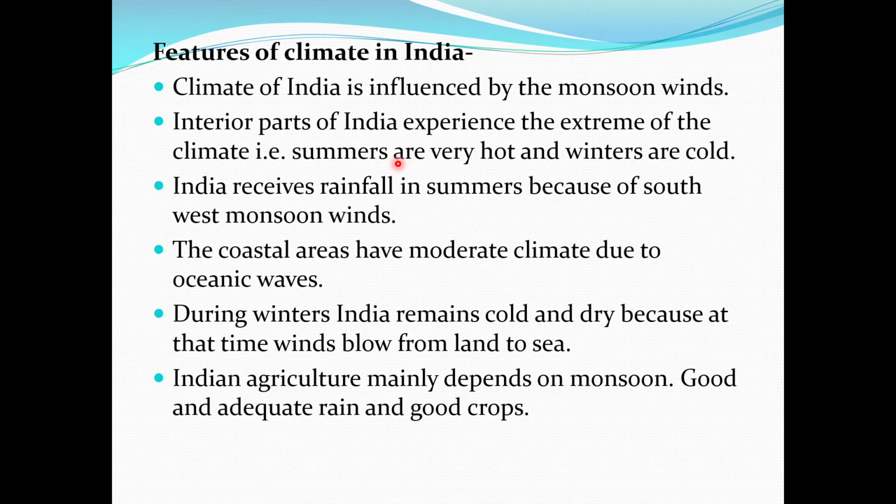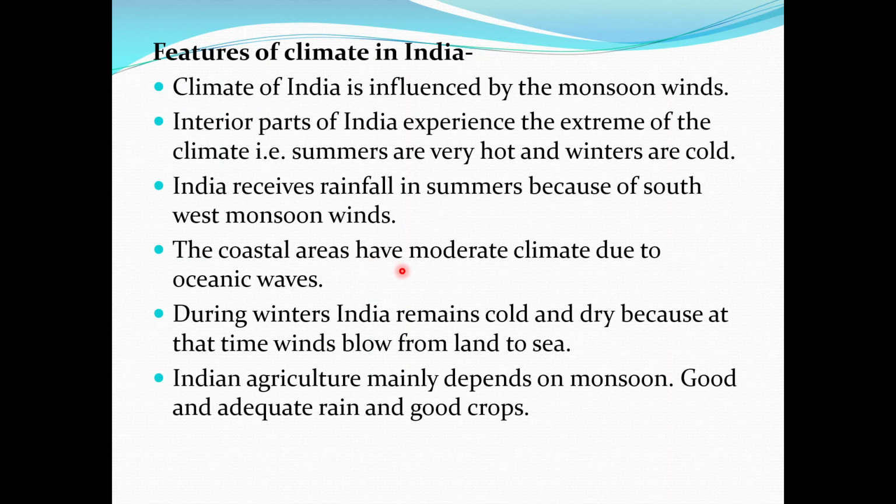And in summers India receives heavy rainfall after the summers because of the monsoon winds coming from the Arabian Sea. And coastal areas have a moderate climate because of nearness to the sea.